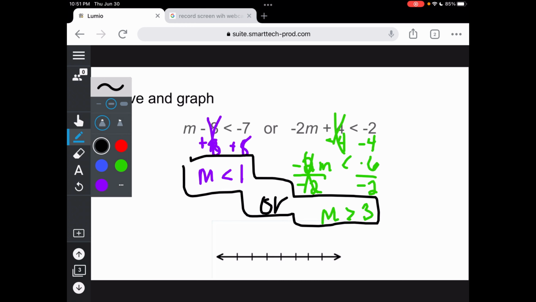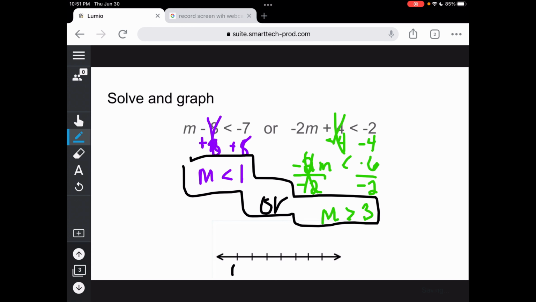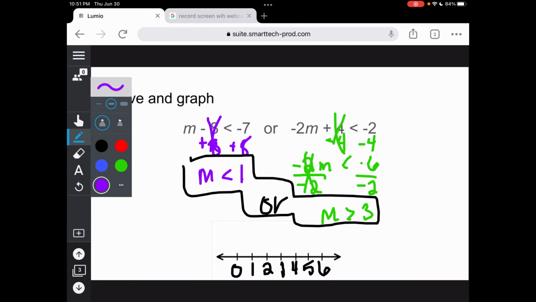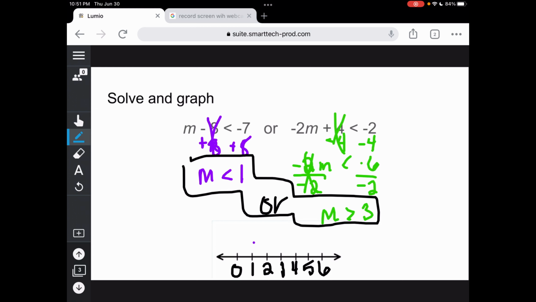So let me put a bunch of numbers here. Looks like I can do 0, 1, 2, 3, 4, 5, 6. I'll graph the purple one in purple. Put a circle at 1. Don't fill it in because it's not equal to. Go to the left of 1, like so.